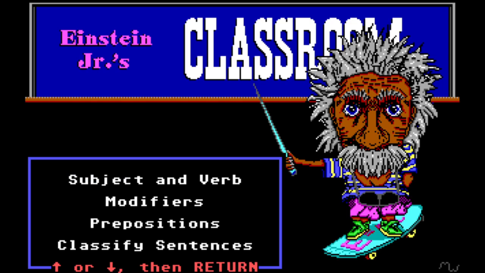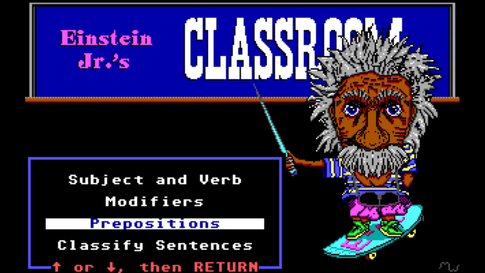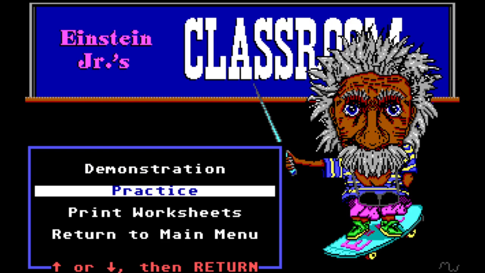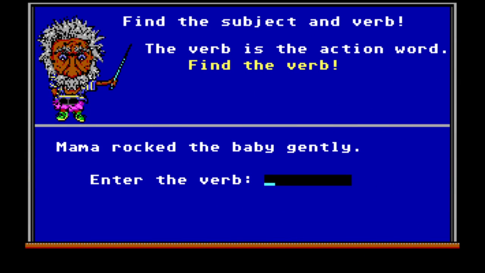Language arts, they'll show you this stuff that I am unbelievably weak with, so we'll see. So the verb is the action word, which would be rocked.